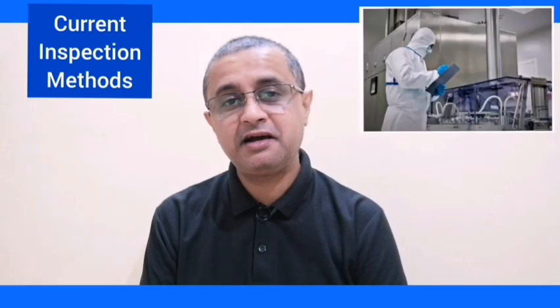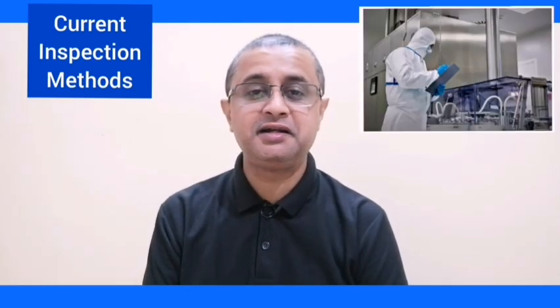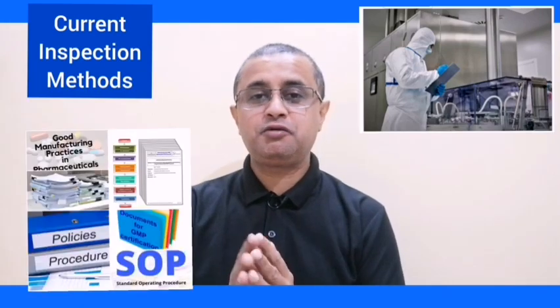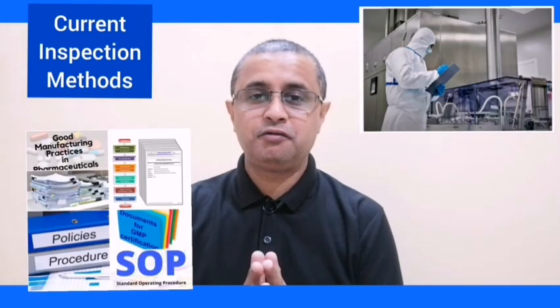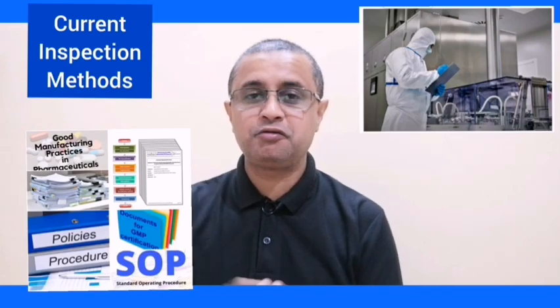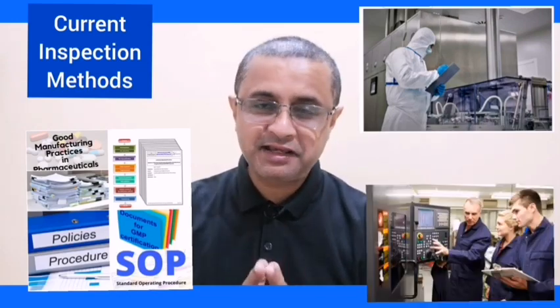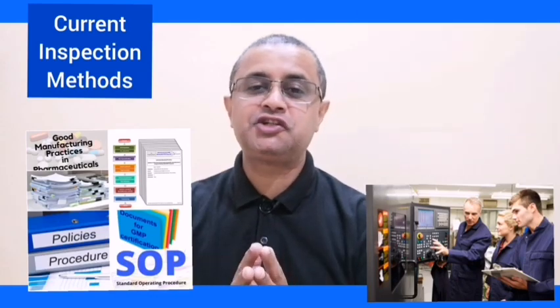So the first important factor about the current inspection method is the inspector directly going to the activity area and directly interacting with the persons who are doing the activity. It's not about what you have written in the document, what you have done in the qualification, or what is written in your SOP. It's about going to the working area and observing what the actual operators or supervisors are doing.